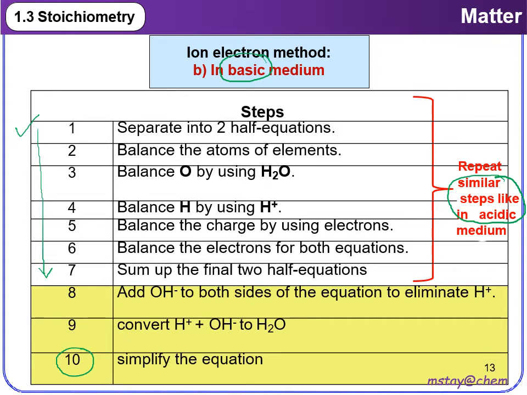Because this is basic medium, we need to add hydroxide ion OH- at both sides. And then combine H+ and OH- to form H2O. And then last, simplify the equation by cancelling out the H2O.